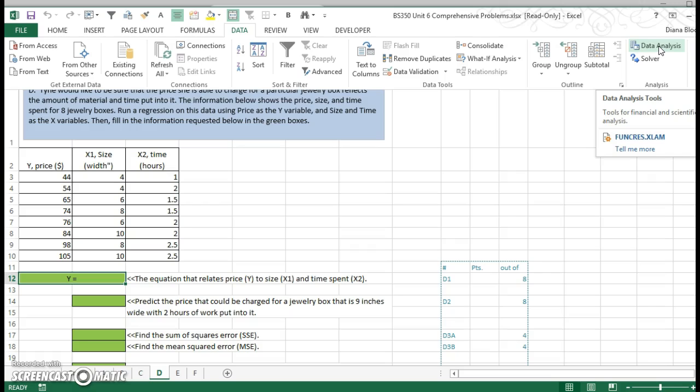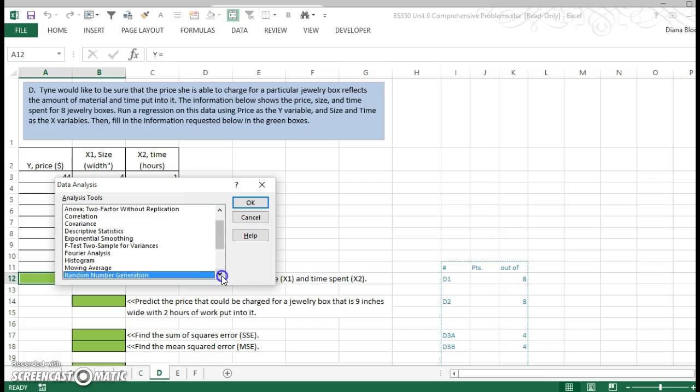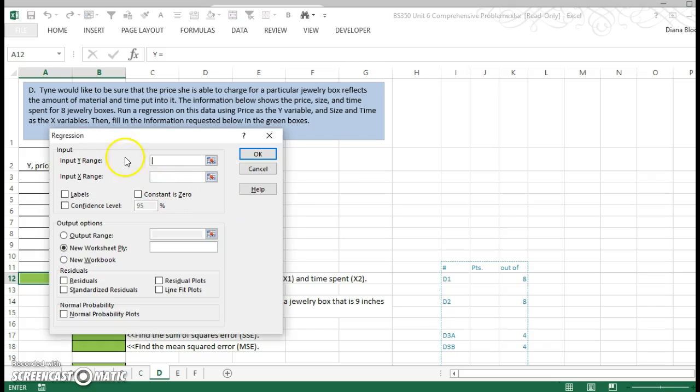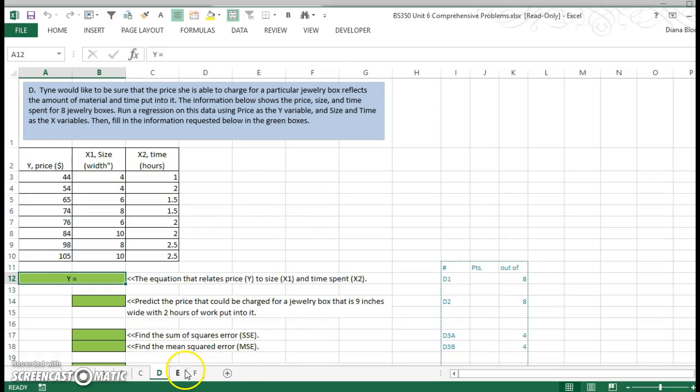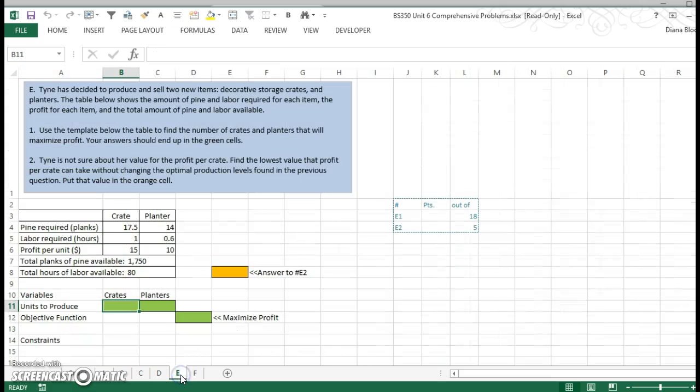So you're going to go to the data tab and then over to data analysis, and from there you'll be able to select regression from this group, and then enter your Y input range and then your X input range in order to get the regression. I'm going to back out of this. And once you have the regression information, then you'll be able to fill in all of the data. And remember, we've recently done that already. So just look back on your previous assignments to refresh on that.